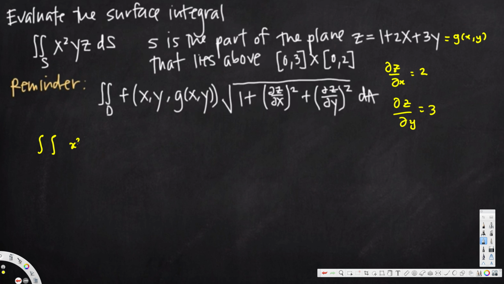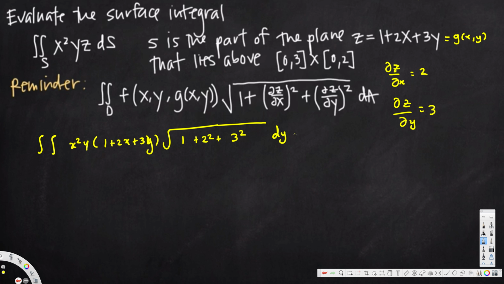This is going to become x squared y, and instead of z we are going to plug in 1 plus 2x plus 3y, and then in the square root we are going to have 1 plus the partial derivative of z with respect to x. We found that already, that is 2, so this is 2 squared, then the partial derivative of z with respect to y is 3, so this is 3 squared, and instead of dA we are going to write dy dx.